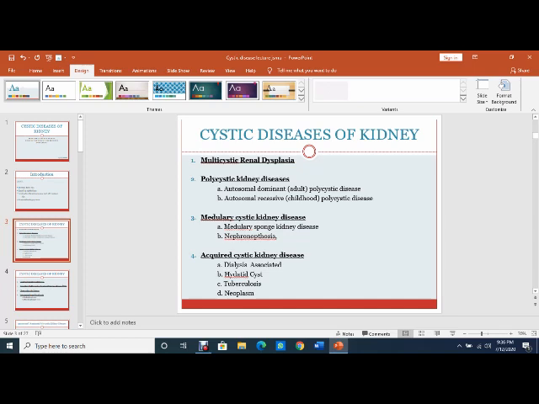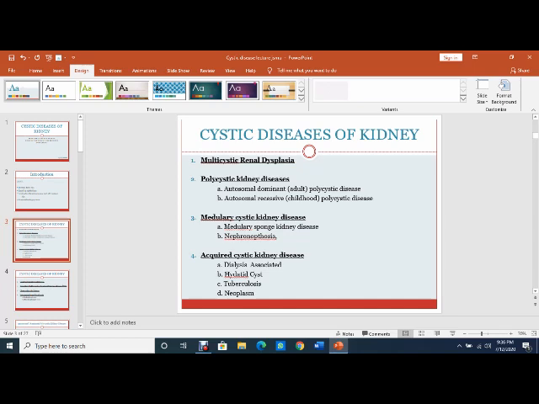So coming to the cystic diseases of the kidney: multicystic renal dysplasia, in which malformation of the kidney along with cyst formation occurs, and then polycystic kidney disease. Poly means more than two or three.